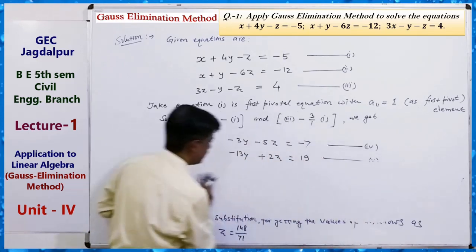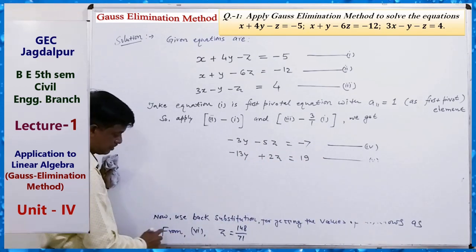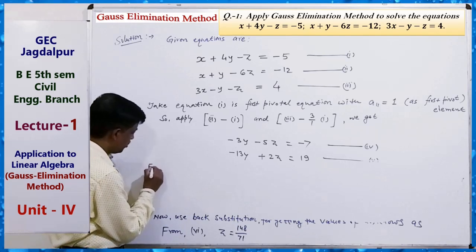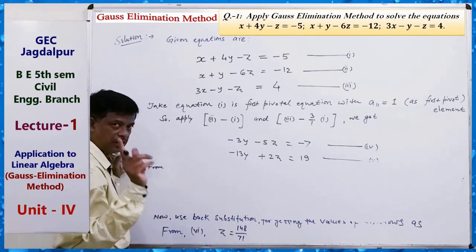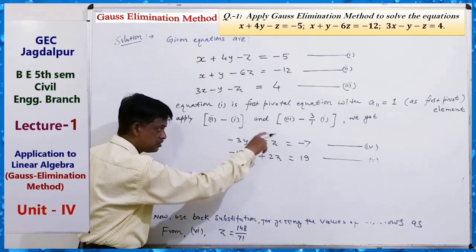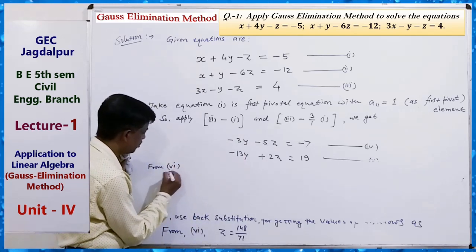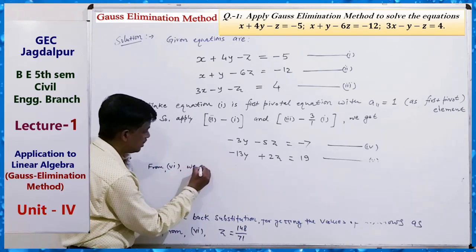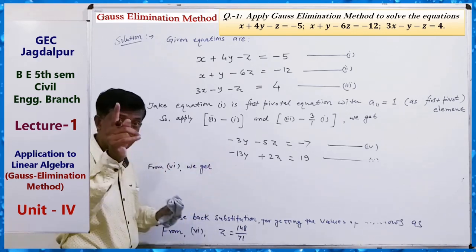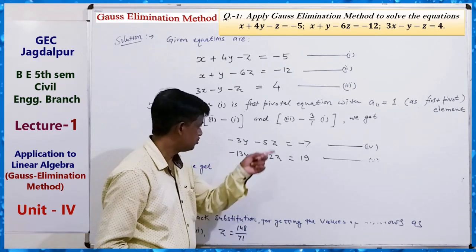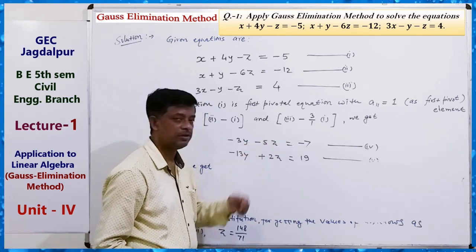Clear? After this line, from now we use equation 4. What is the method? Put z equals to this here. Then you can get the value of y.